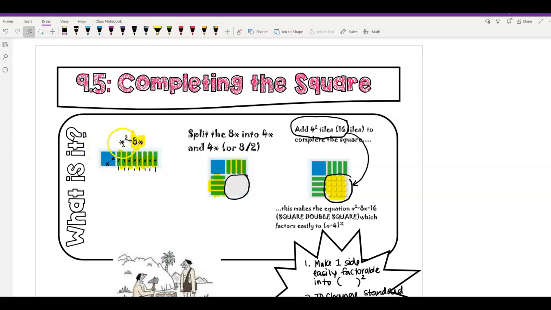That's the blue square, so that's my x squared term. And then 8, 1 by x rectangles. So 1 by x, 1 by x, 1 by x, and there's 8 of those. That's a big old rectangle. If I wanted to make it a square, I could take those 8 green rectangles and divide them in half. So I get 4 rectangles off to the side and 4 rectangles down. I still have x squared plus 8x. They just look different.